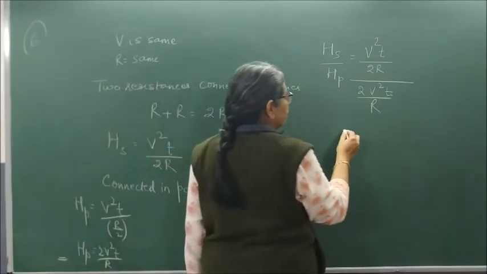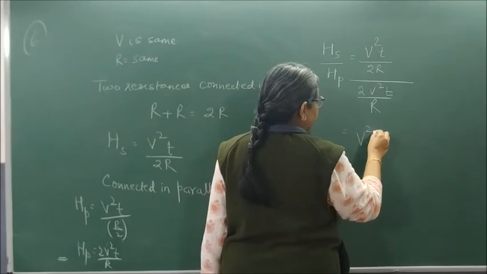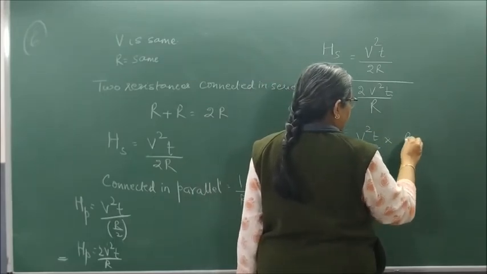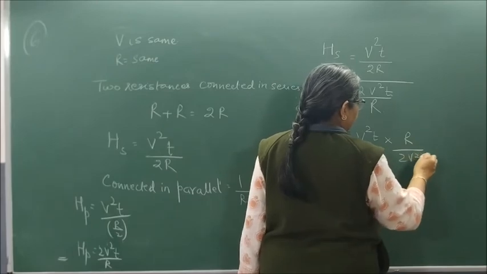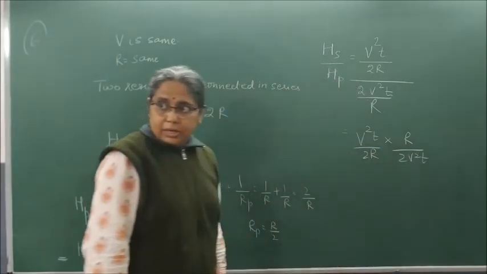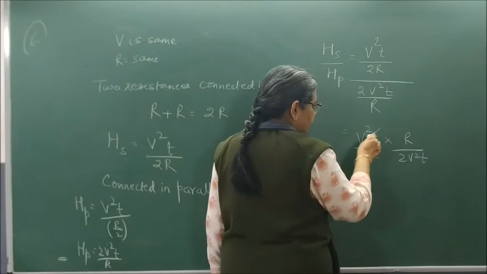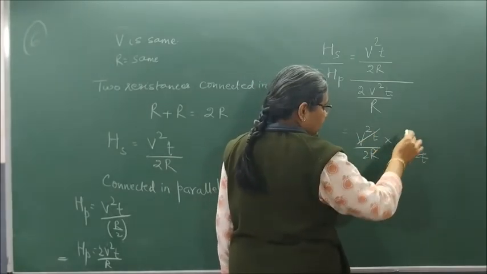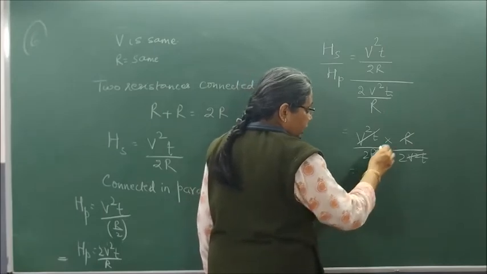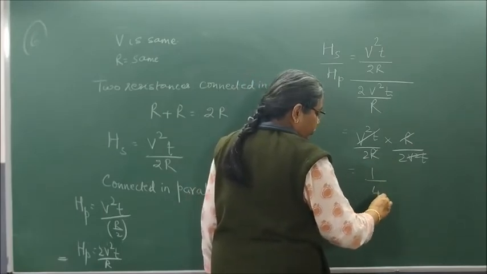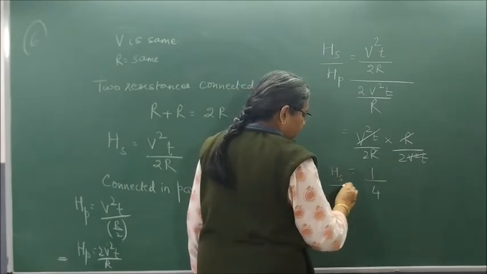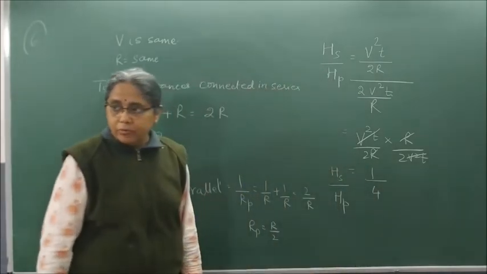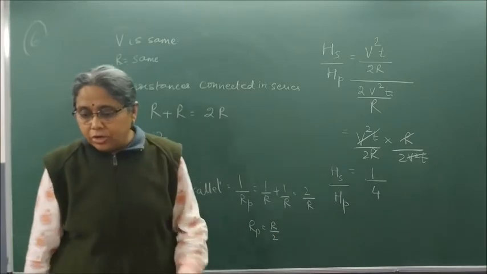So let us solve it. V square T by 2R into R by 2V square T. So V square T and V square T get cancelled, and R and R get cancelled. So you will get 1 by 4. So HS by HP is 1 by 4. Fine?